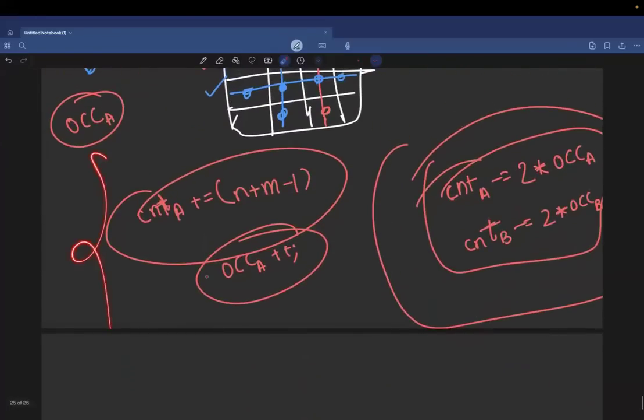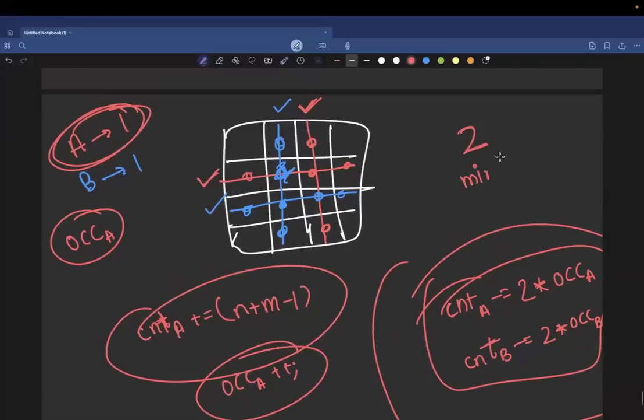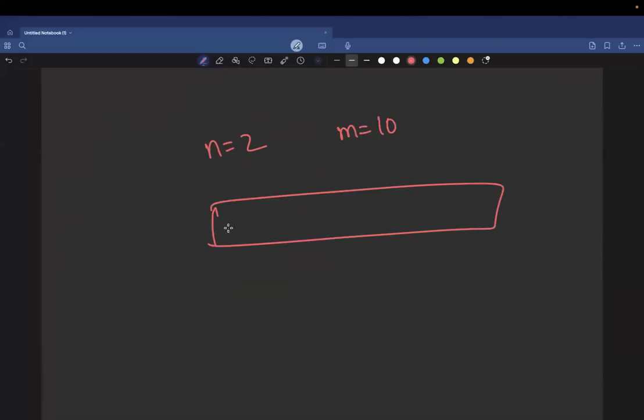So you just have to do this thing for minimum of n comma m times, whatever is the minimum of rows or columns. Let's say if there are 2 rows and 10 columns in the grid, in the first operation, whatever move Bob chose, and then whatever cell Alice chose, both the rows would have been chosen.